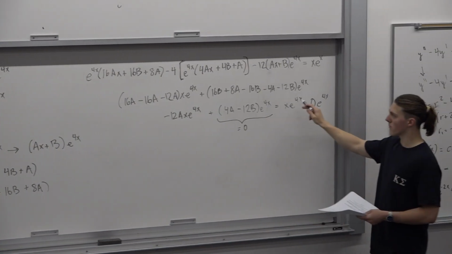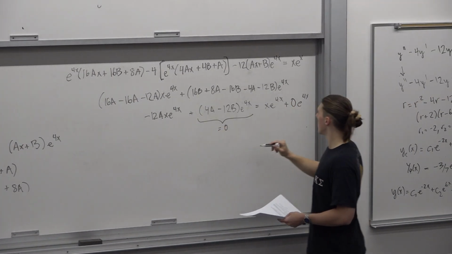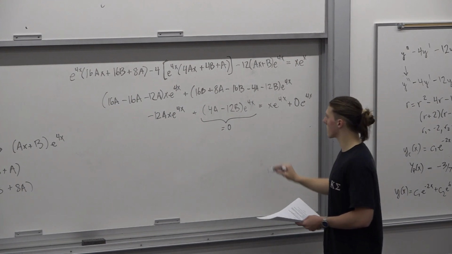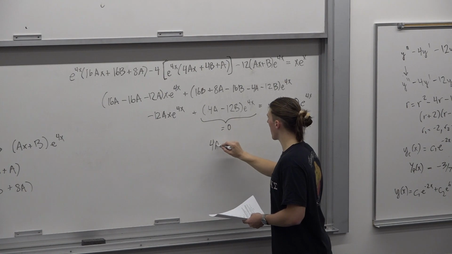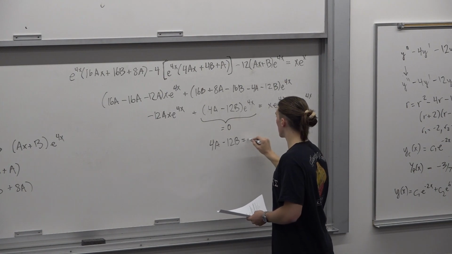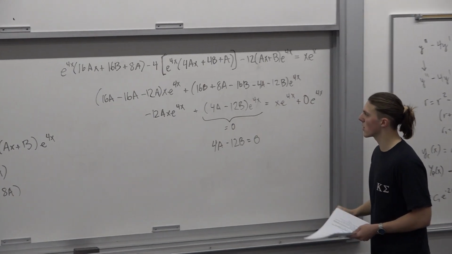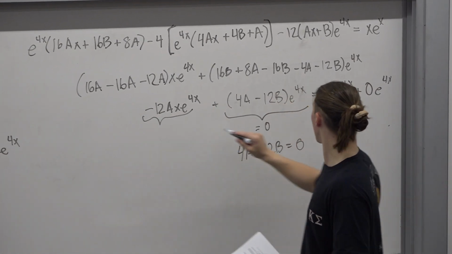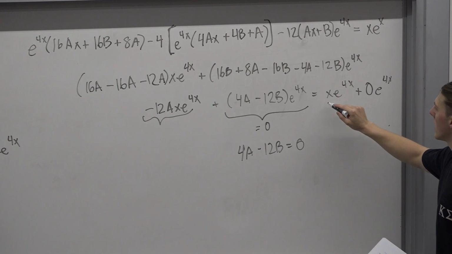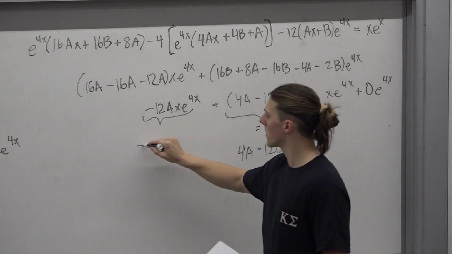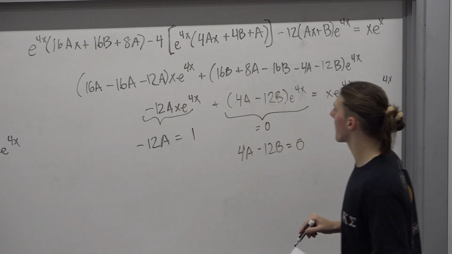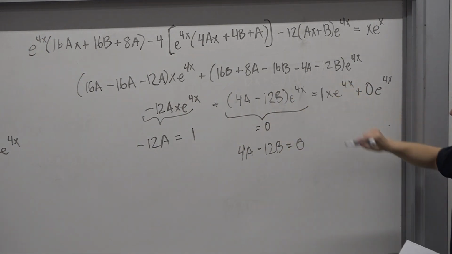We have x e to the 4x, which kind of matches here, but nothing on this side that's just e to the 4x. So what does that mean? It means that 4a minus 12b equals 0. And in the same fashion, this term needs to equal x e to the 4x. So we have negative 12a equals 1, because our coefficient on this side is just 1.